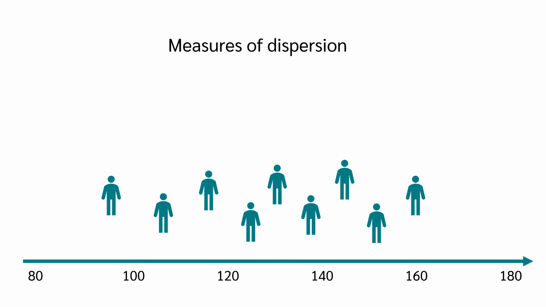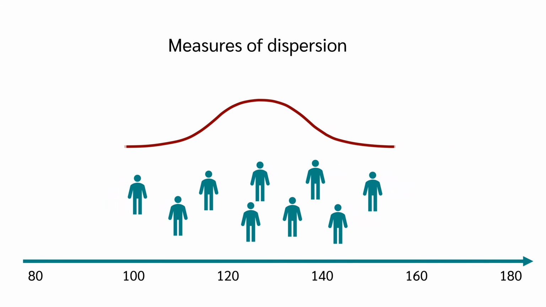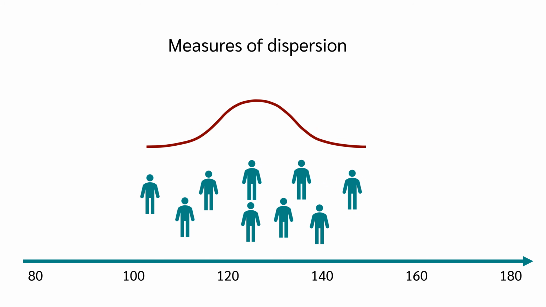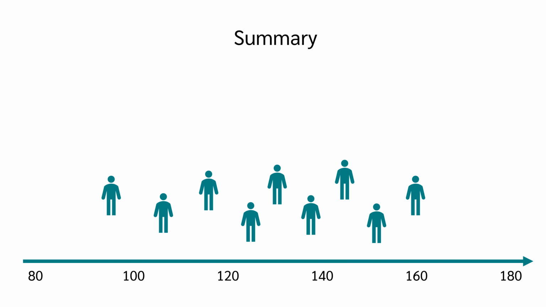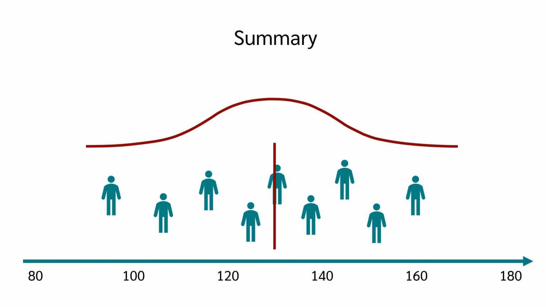Measures of dispersion, like the standard deviation, the range, and the interquartile range, indicate how spread out the data points are, whether they are closely packed around the center or spread far from it. In summary, while measures of central tendency provide a central point of the dataset, measures of dispersion describe how the data is spread around the center.